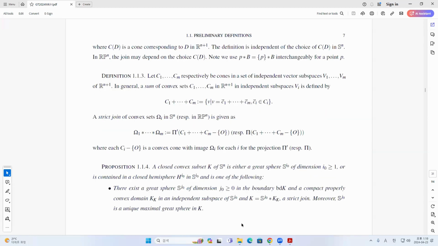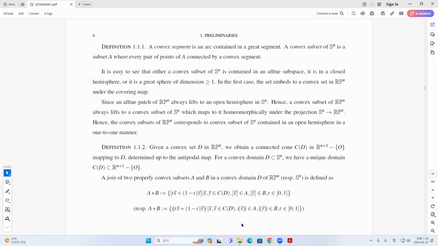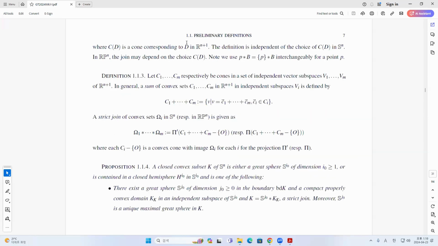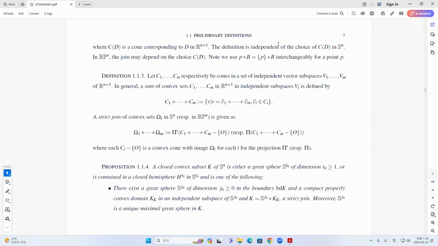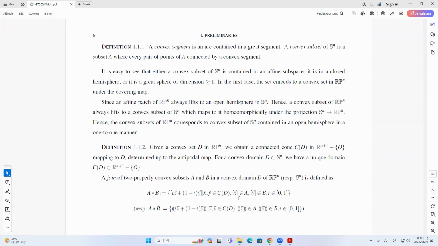So C(D) is the cone corresponding to this. So once you have a domain and determine what C(D) is, then you can define these. So this is clear. Normally you will use something like affine space, then you know what the join is.